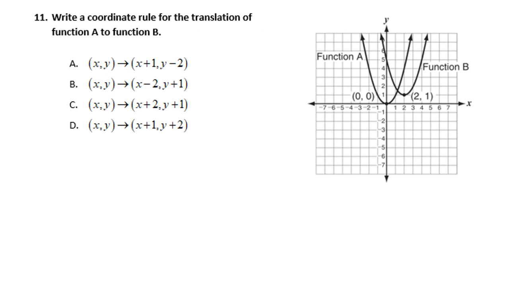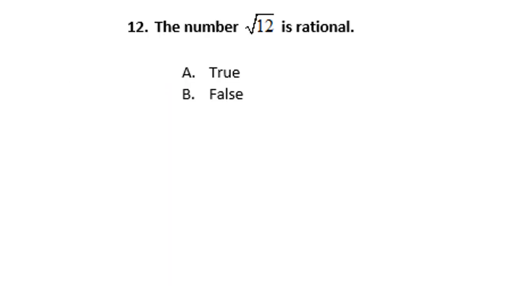Number 11. Write a coordinate rule for the translation of function A to function B. Number 12. The number square root of 12 is rational. A is true, B is false.